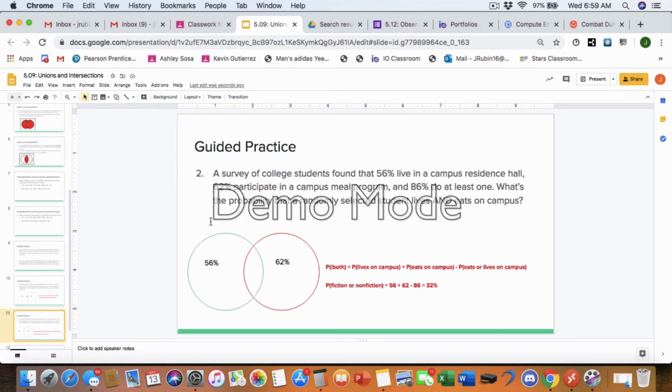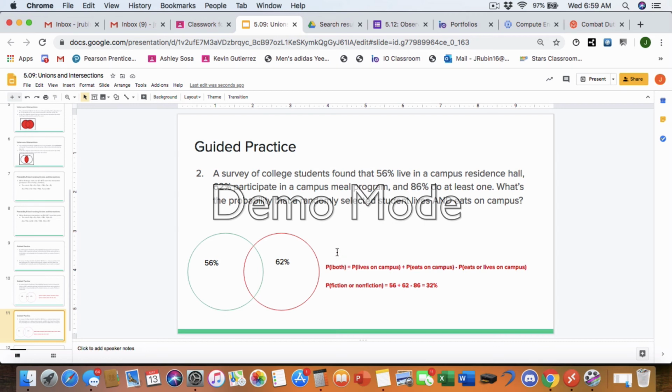A survey of college students found that 56% of them live in a campus residence hall, 62% of them are in a campus meal program, and 86% do at least one. What's the probability that a randomly selected student lives and eats on campus? This is a little different, because what do we have? We have the probability of A, the probability of B, and then the probability of A or B, which is that 86%.